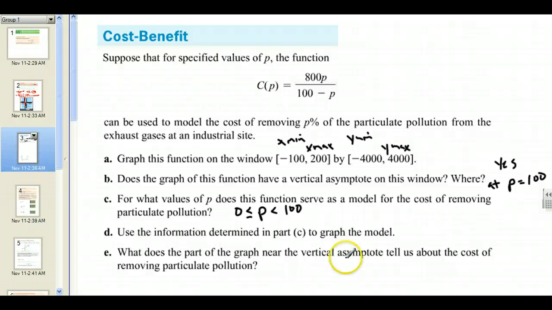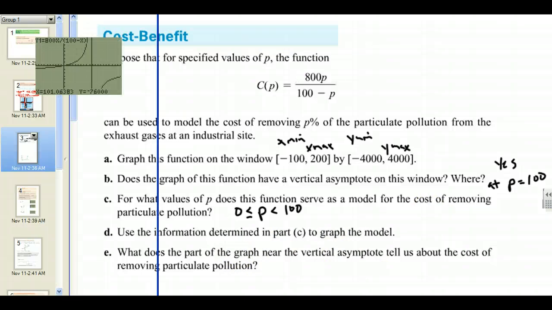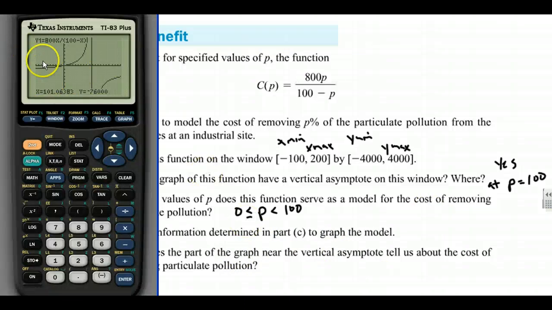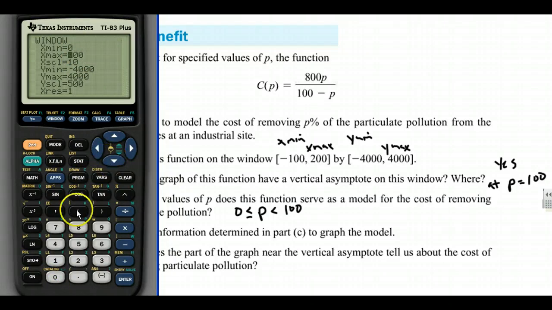So we're going to regraph this thing using, instead of negative, which doesn't make any sense, up to 200, we're going to make our x minimum 0 and our x maximum 100. Alright, and then graph it. And really, the cost doesn't need to be negative either.